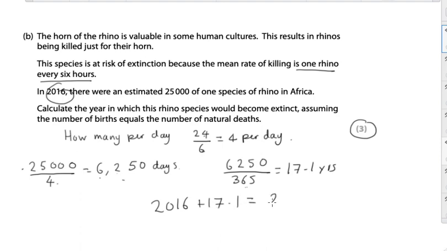And that gives us 2033.1. So it's 2033, but there's a little bit extra, so it's actually going to be 2034. In the year 2034, there'll be no rhinos left.